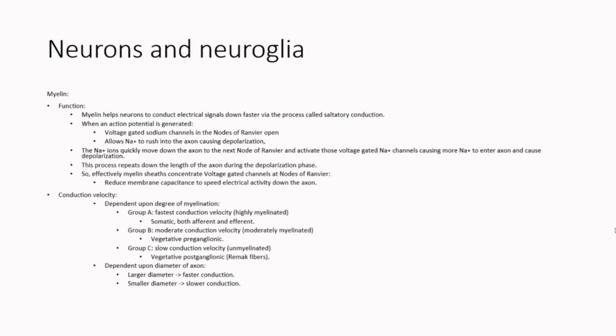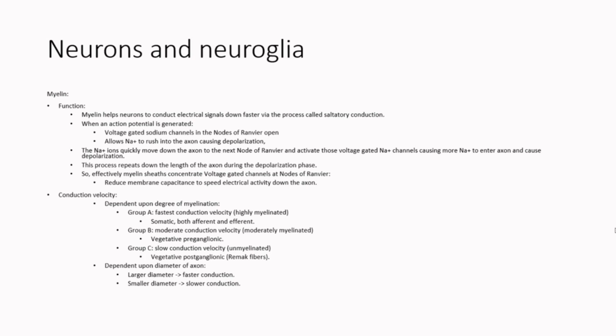So we can classify them as group A, B, and C. Group A will have the fastest conduction because they are the most myelinated; they are somatic, both afferent and efferent. Then you have group B, which is moderately myelinated, and they are vegetative preganglionic.